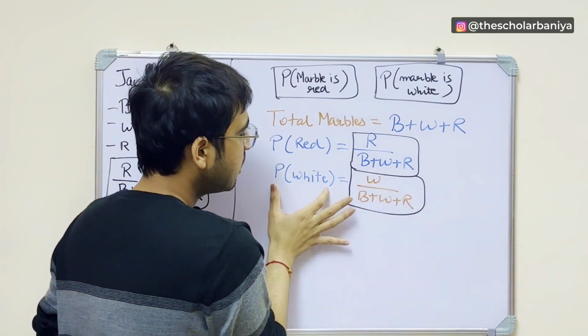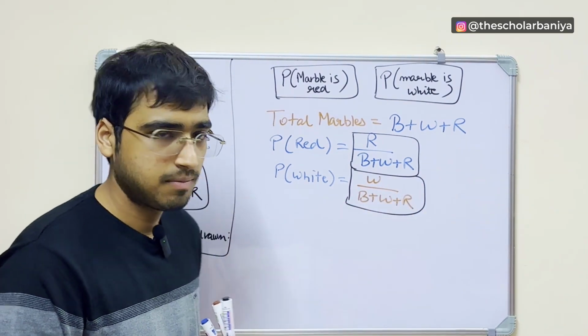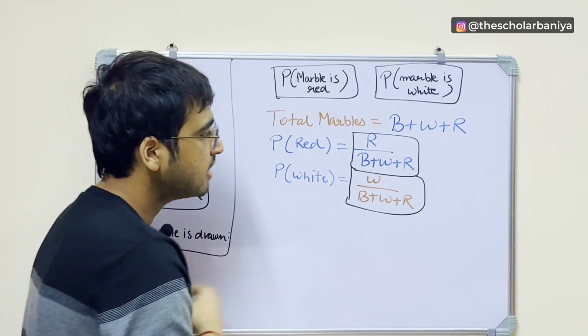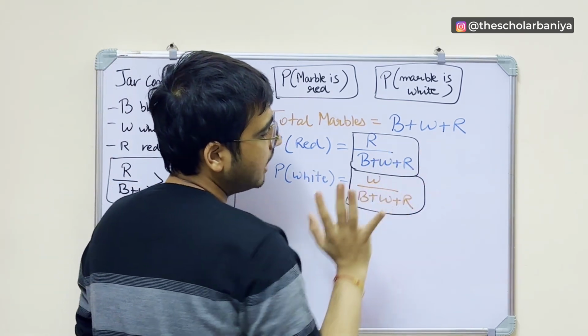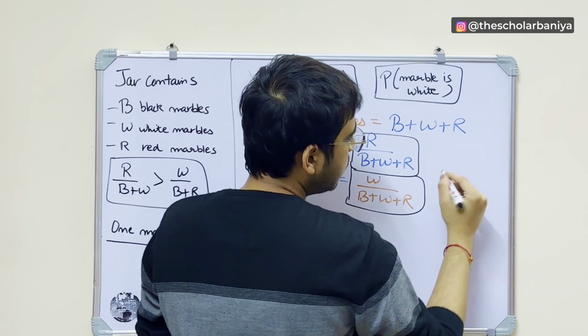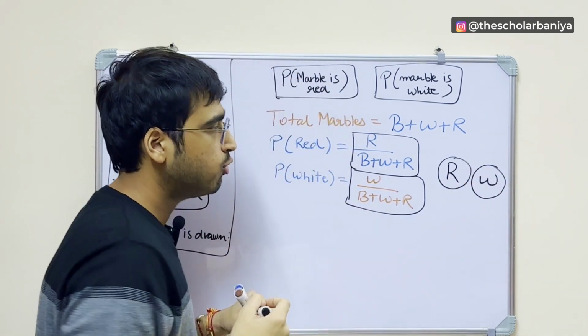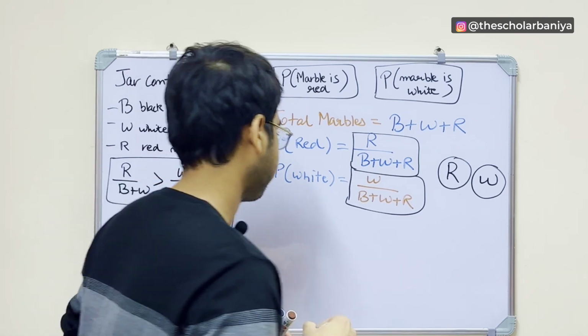If W is bigger, the probability of white becomes bigger. And if R is equal to W, the probability is the same. So what I mean is, we have to compare R and W. So we are concerned with two things, R and W.